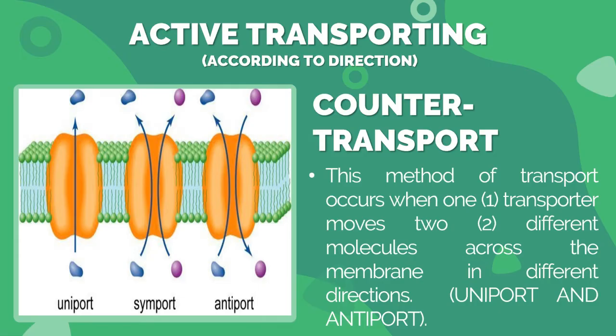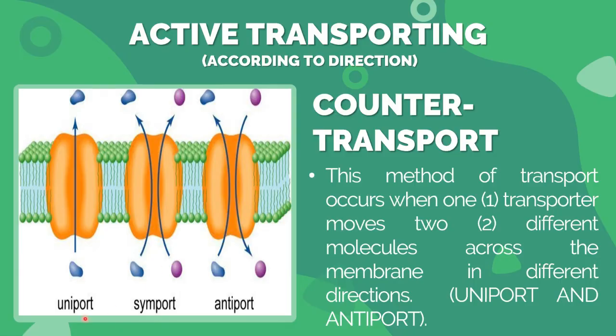Next one is what we call counter-transport. Diba kanina kapag sinabi natin coupled, sabay na papasok yan. Pero kapag sinabi naman natin counter-transport, this method of transport occurs when one transporter moves two different molecules across the membrane in different directions. Ito po yung tinatawag na mga uniport and antiport.